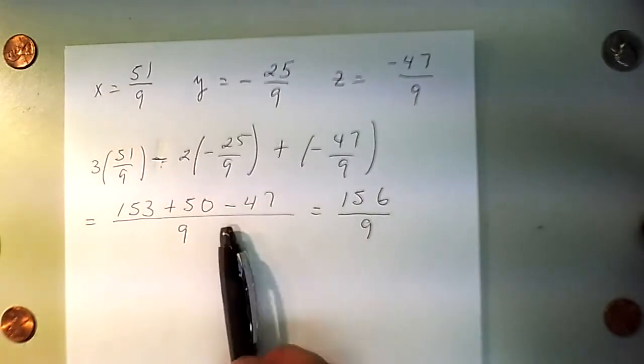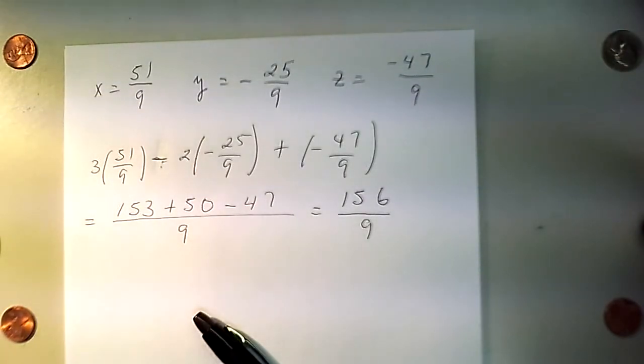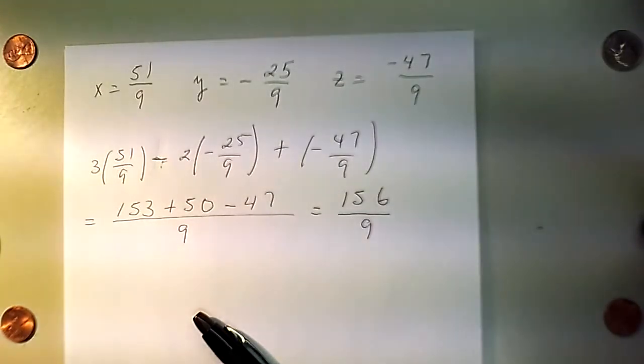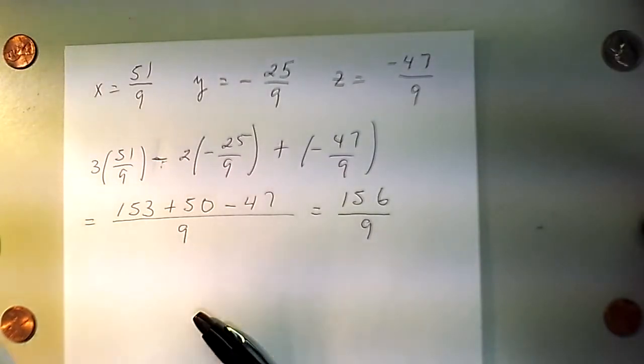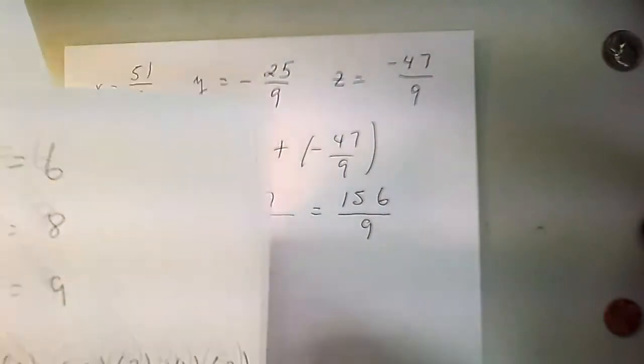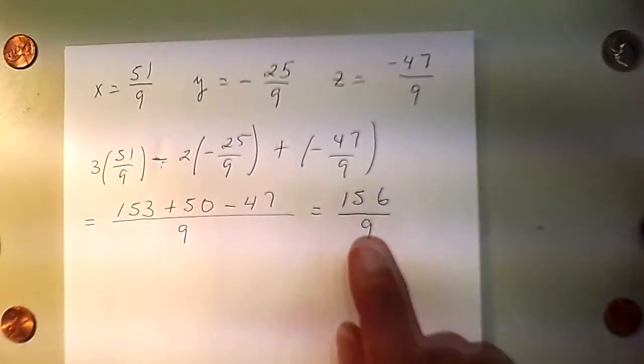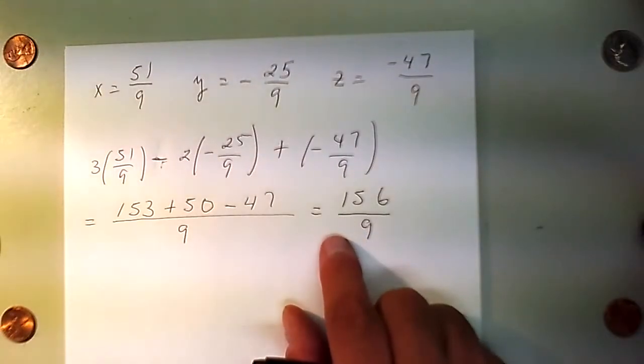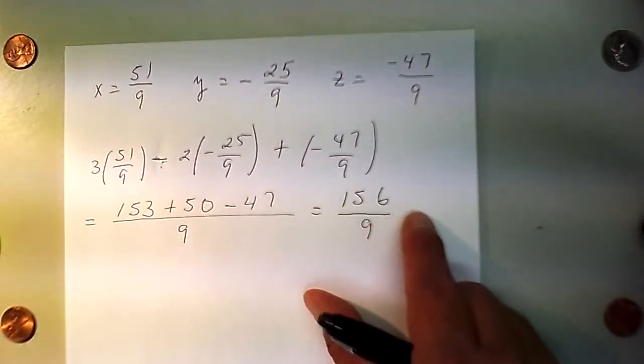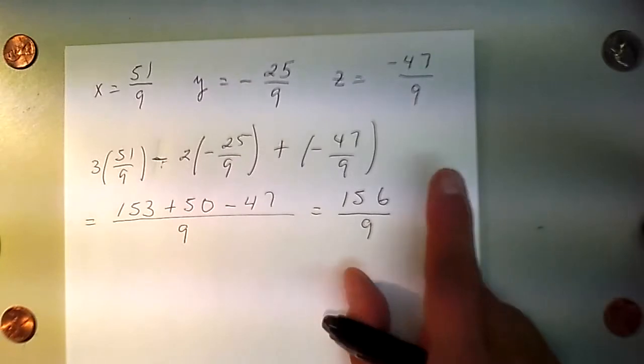So I'm going to pause this video for a moment. Yep, and I just found where the mistake is. First of all, please know that this was supposed to give us 6 because we're checking the first equation.